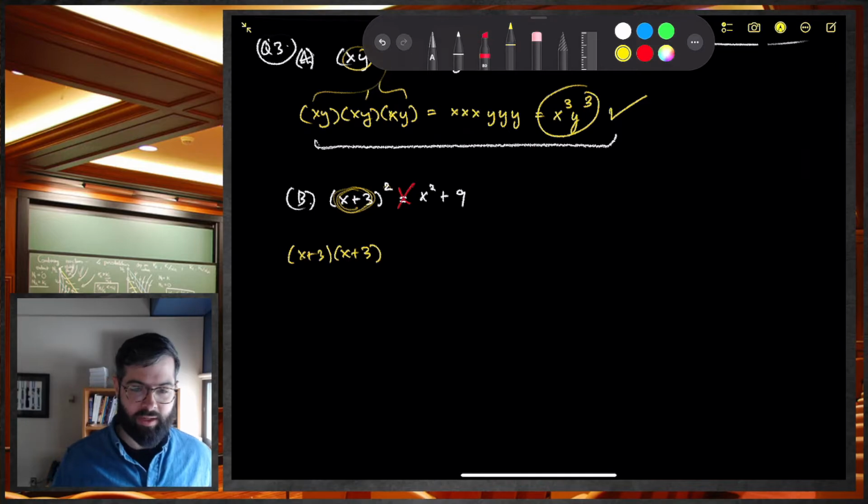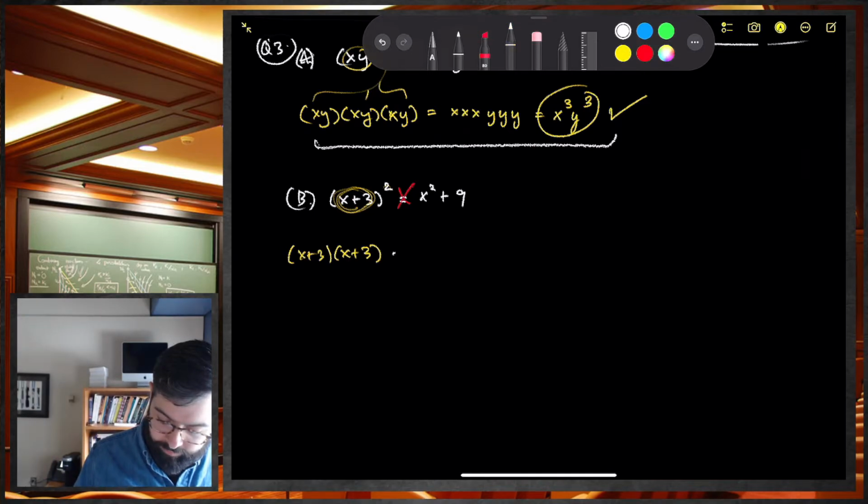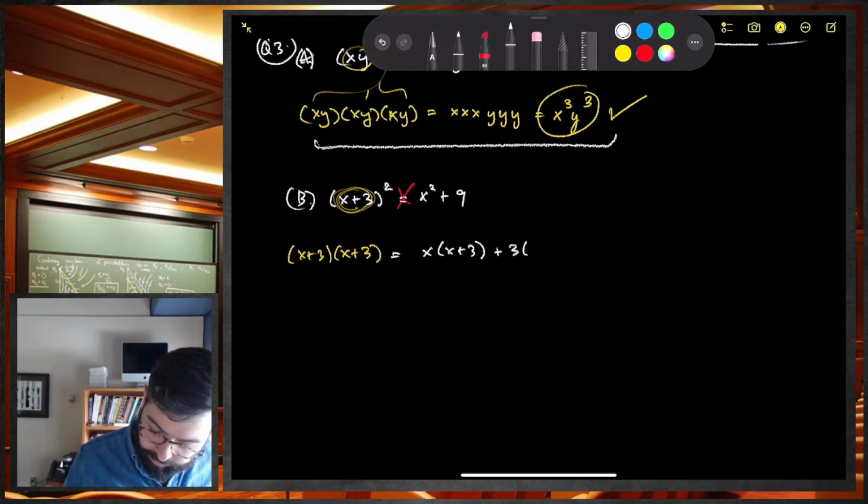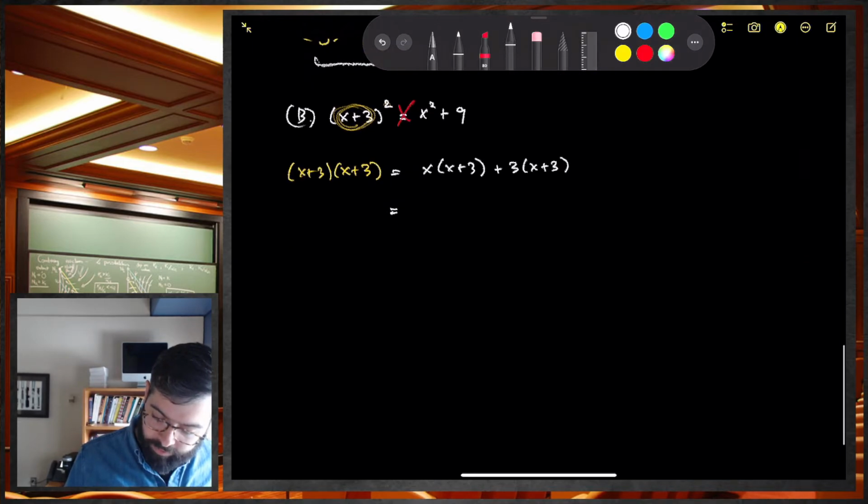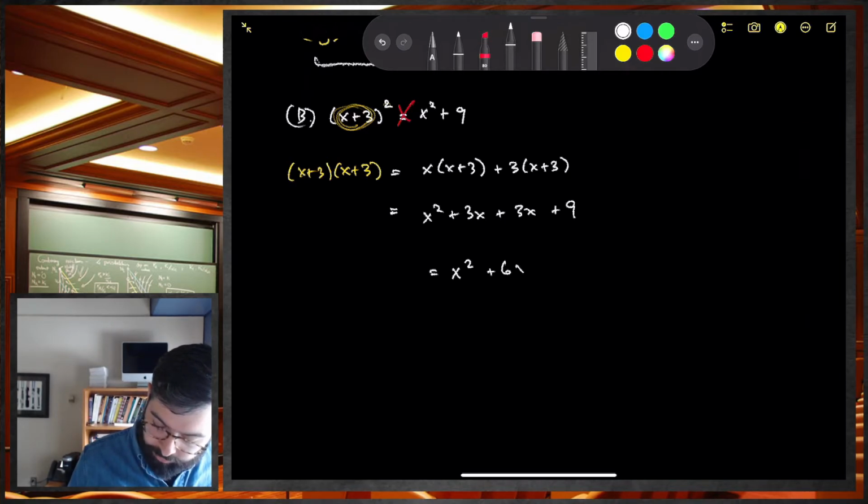And the reason is because this raised to the second power is x plus 3 times x plus 3. That's how we defined exponents. So then how do we carry out something with 2 terms times something with 2 terms? Well, that's a double distribution. And this is how we do it at this school. And this is x squared plus 3x plus 3x plus 9, which gets us that middle term that was missing there.